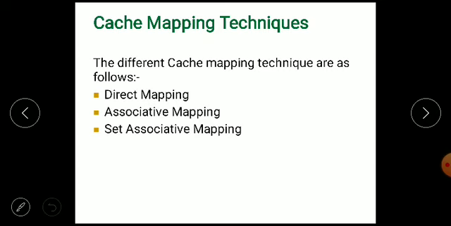In mapping there are three different techniques. The first one is direct mapping, the second one is associative mapping, also called fully associative mapping, and the third one is set associative mapping.